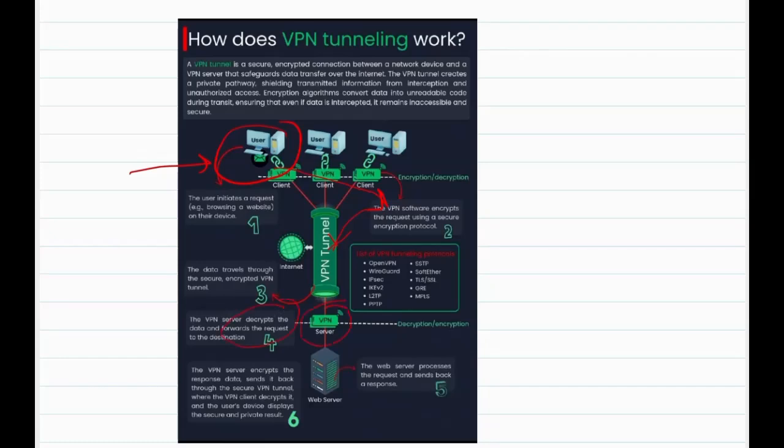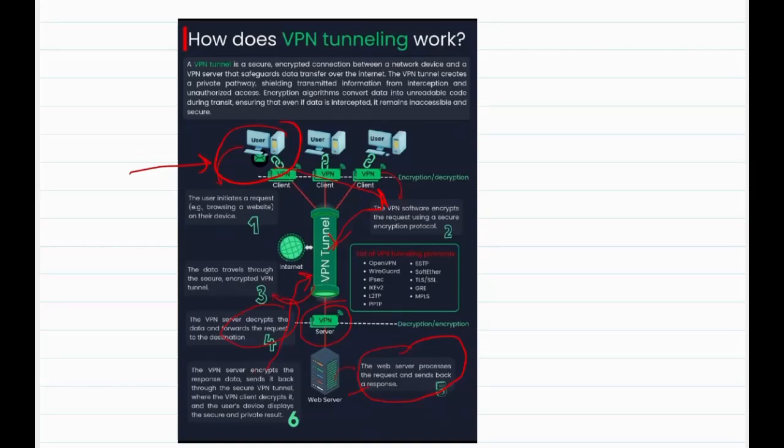Here we can say that the VPN server decrypts that data and sends the requested query to the server. This server responds and sends the response back, and this again goes to the VPN server, and the VPN server again encrypts that data and sends it to the VPN tunnel.